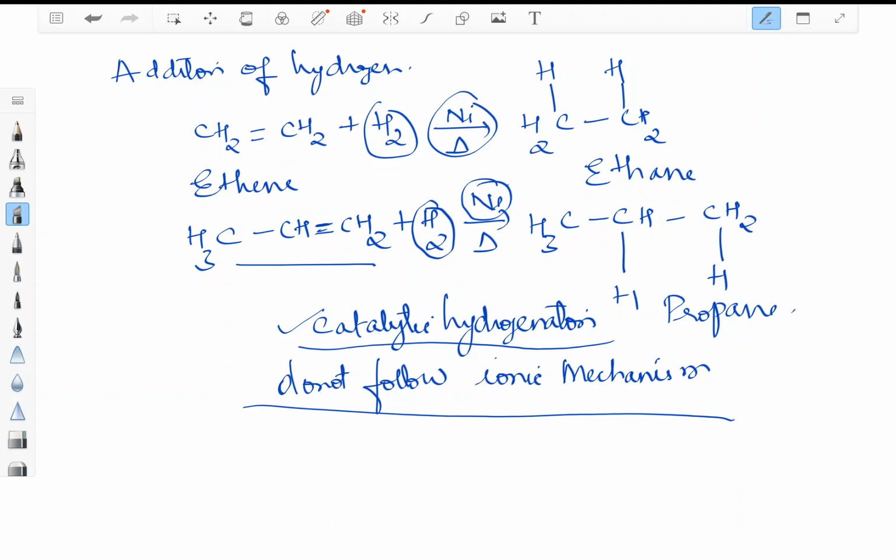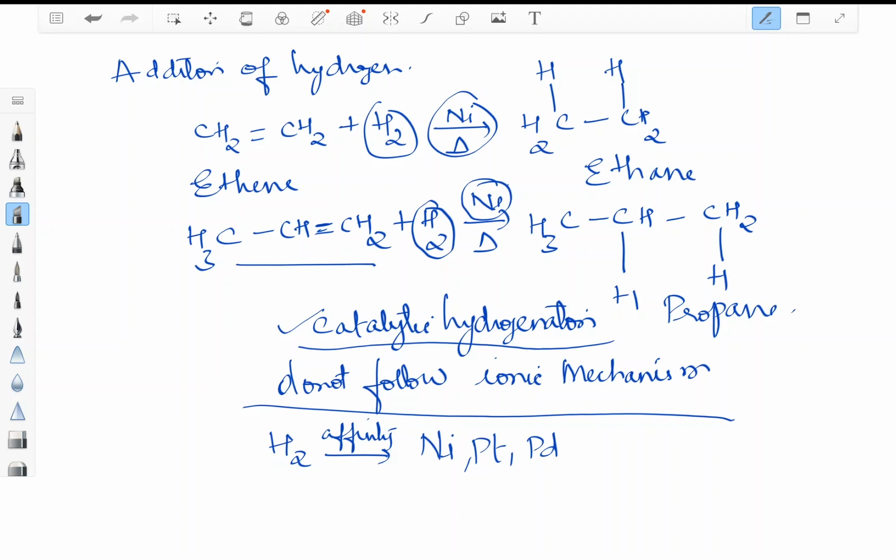It is the affinity or attraction of hydrogen gas, that is H2, to the metal catalyst, that is Ni, or it can be platinum, Pd, etc.